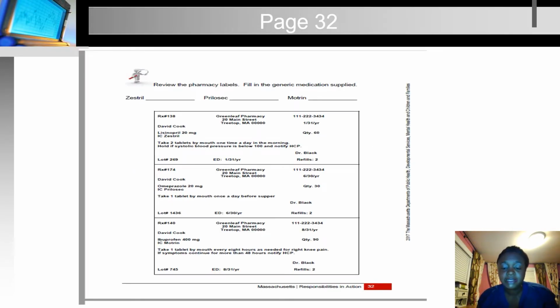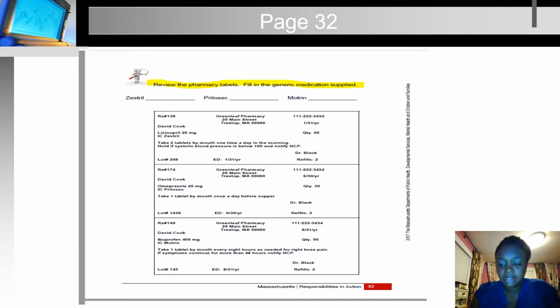So on page 32 here, again, I have put it here, and if it's difficult for you to see, some people have told me they could see just fine. You could pause and then restart when you do the exercise. This exercise says, review the pharmacy labels, fill in the generic medication supplied.